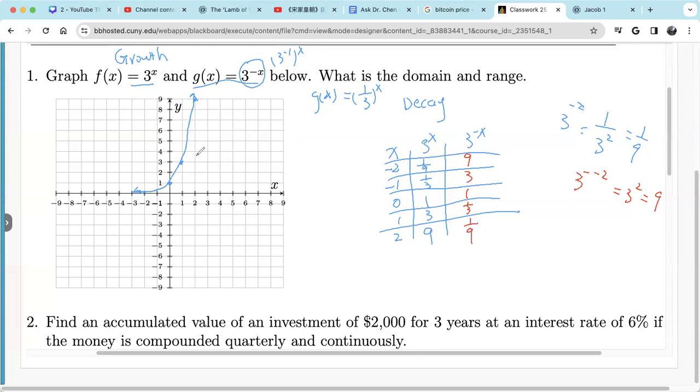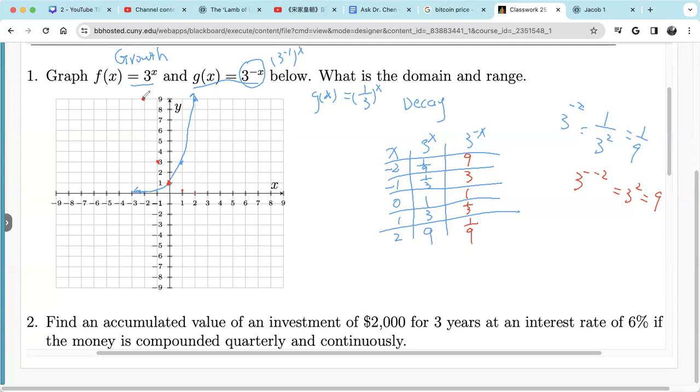So we have -2, 9 at this point. -1, 3, we have this point. 0, 1, same here, a common point. Then 1, 1/3, and 2, 1/9.